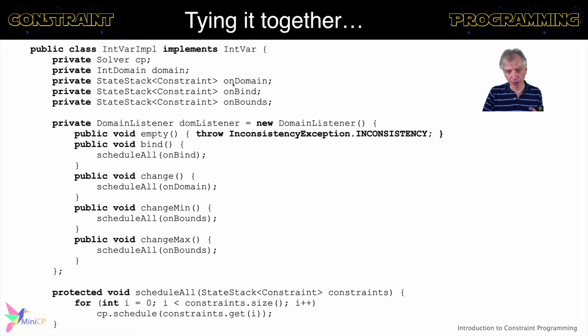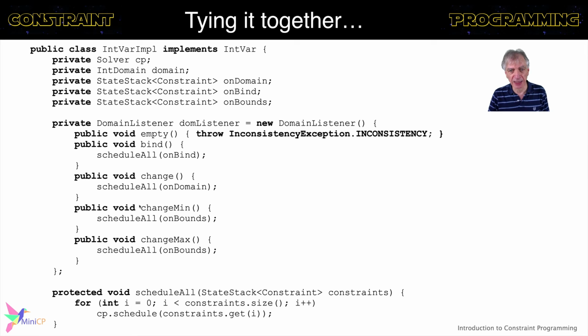The way the variable does this is by going through the list of these constraints and telling the constraint solver, please propagate these constraints. And what the CP solver is going to do is add them to the list of constraints, and they will be propagated at some point. Now, the other methods that you see there, bind, change min and change max, do exactly the same, but for different events and different lists, obviously.